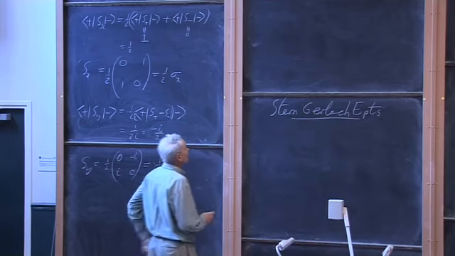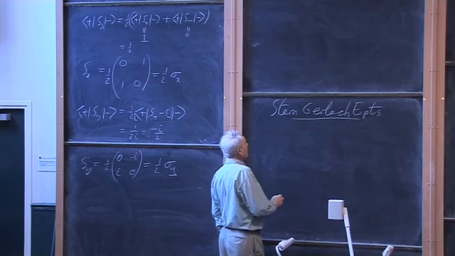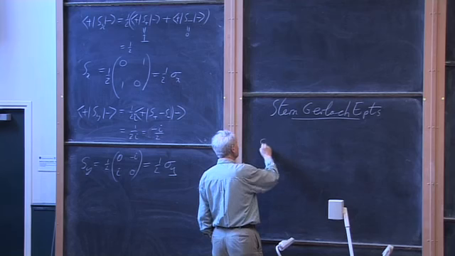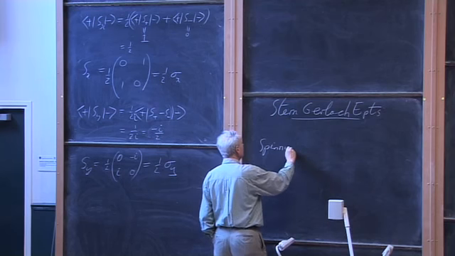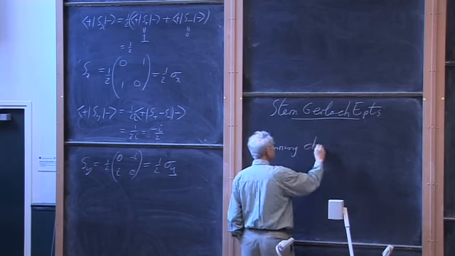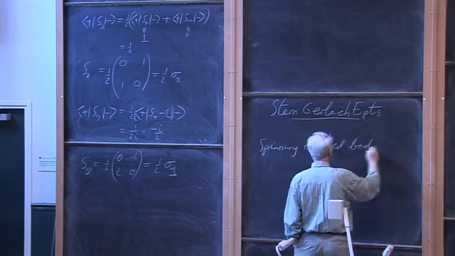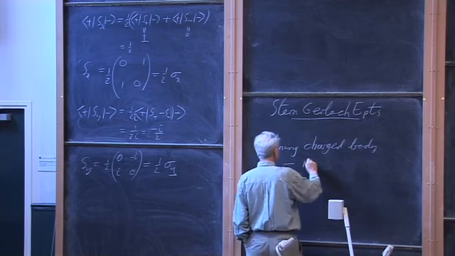So the point is that a spinning charged body is a magnetic dipole.